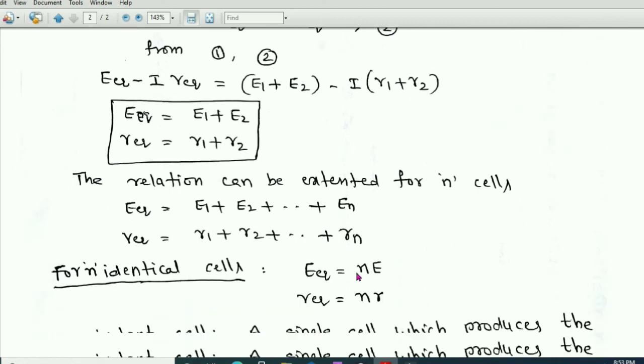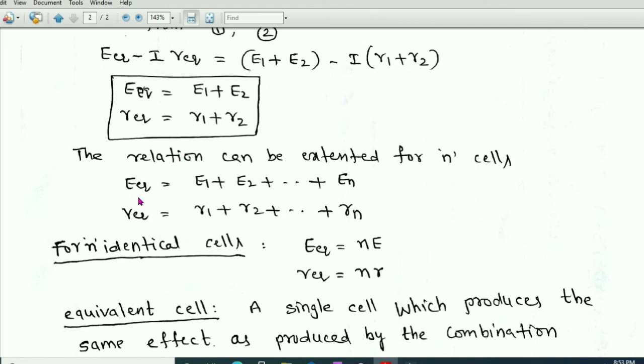Now for identical cells, if you apply this formula, then EEQ becomes N into E. Here N is the number of cells and E is the EMF of each cell. Identical cells means all the cells have the same EMF and the same internal resistance. So here E is the EMF of each cell. Now this is the equivalent EMF for identical cells.